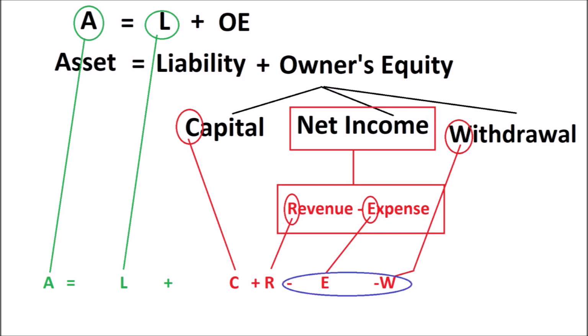Now, from this equation, let's make everything positive. We're going to move our expenses and our withdrawal to the left because they have a negative sign over here. If we move them to the left side, they become positive, and then we leave our liability, our capital, and our revenue on the right side.